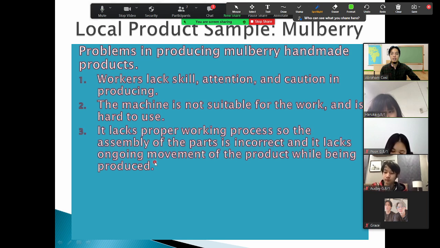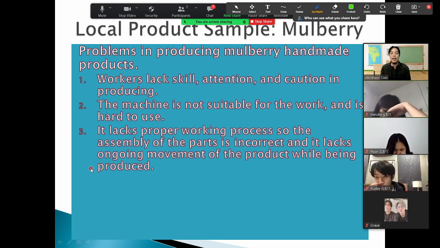Number 3, it lacks a proper working process, so the assembly of the parts is incorrect and it lacks ongoing movement of the product while being produced. I'll answer it for you. It lacks working process. So who should be responsible for this? I think this falls to the entrepreneur, because the entrepreneur has all the plans on making this mulberry product.